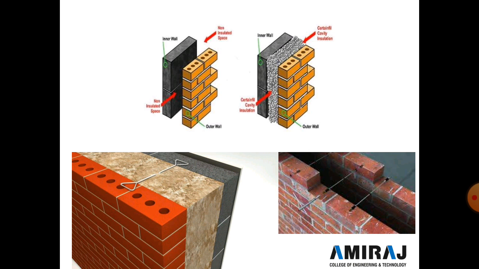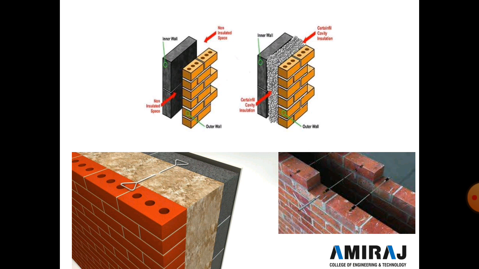For the cavity wall, we can fill the cavity with a certain material as an insulation material. Clear? After filling the insulation material, from the top part we completely seal the top. We prepare the outer and inner thick walls as a cavity wall.